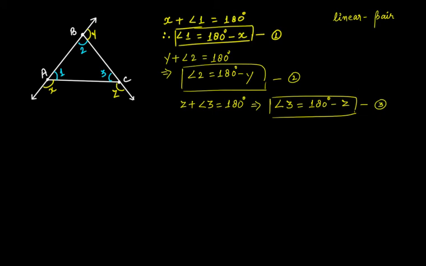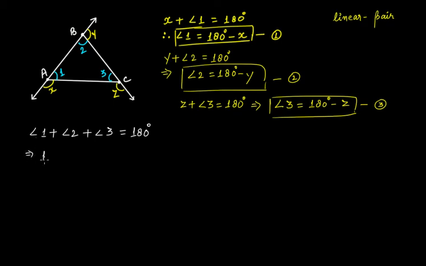Now tell me, what will be angle 1 plus angle 2 plus angle 3? This is the sum of the internal angles, and this will be equal to 180 degrees, right? Now put the value of angle 1 from here.